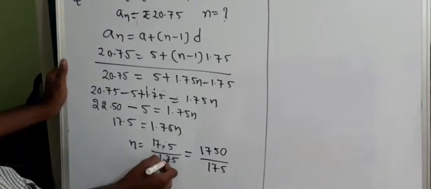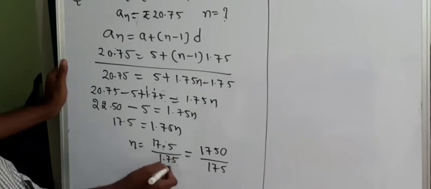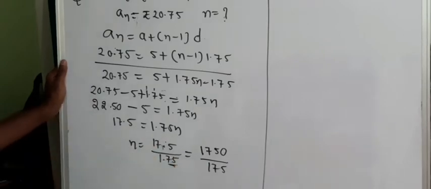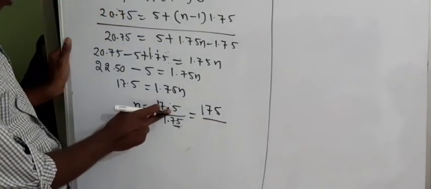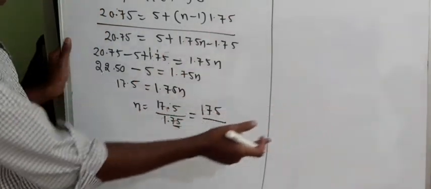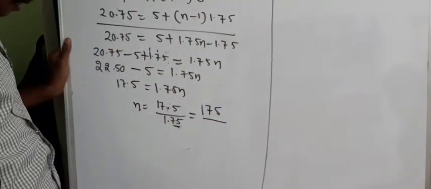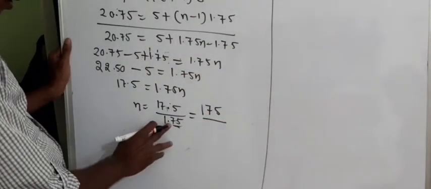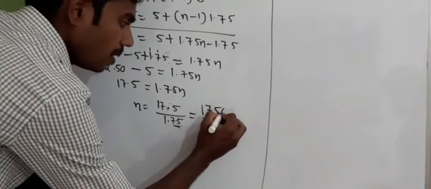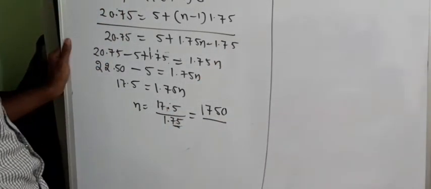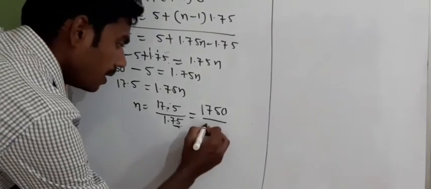If I shift the decimal 2 digits to the right in the denominator to get 175, in the numerator I have shifted the decimal by only one digit. Here I need to shift the decimal by 2 digits, so that is the reason I need to multiply the numerator by 10.